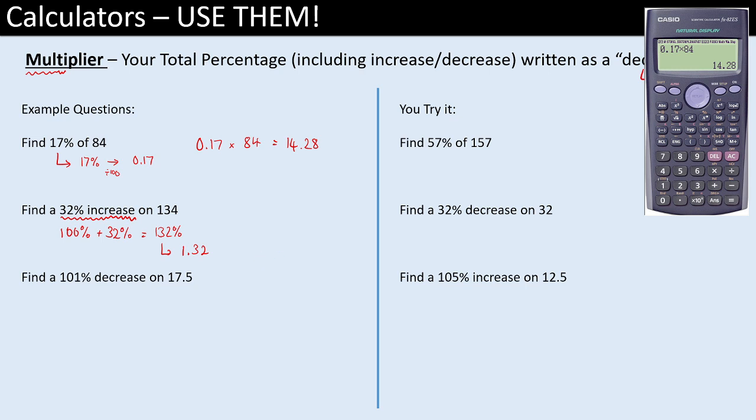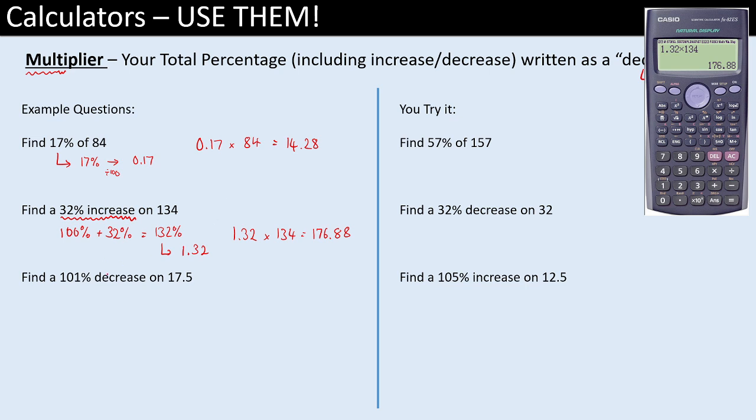This makes sense because if I multiply by a number which is bigger than 1, my answer will be bigger, and that is what I expect because I'm doing an increase. So I'm doing 1.32 times 134, which equals 176.88. Happy days.